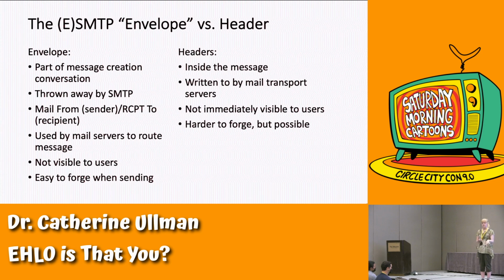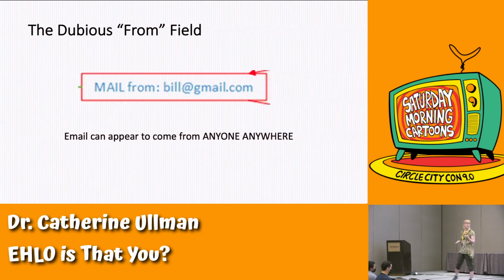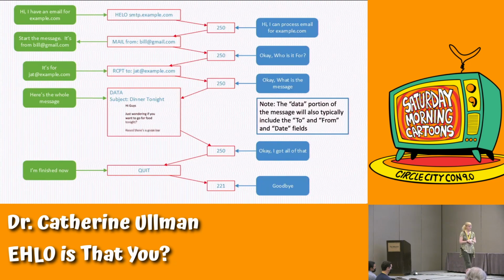It's not impossible, but it's a little more challenging. Envelope is super easy to forge. So I love to refer to this as the dubious from field. When I'm teaching end users, I use this all the time, and it usually helps them remember, like, oh, this is weird, and I should probably remember when I see from, it may not actually be from who it says it's from.